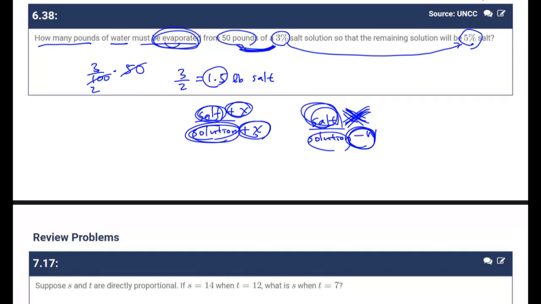Now, didn't we have 1.5 pounds of salt, which we could figure out from these two numbers? And wasn't that out of 50 pounds, which is the total mixture solution? Now, how much water should we subtract from that so that the new concentration will be not 3% this time, but 5% this time?